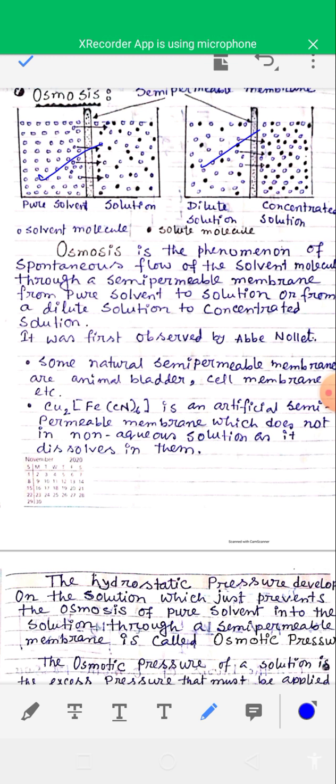Okay, and some examples of semi-permeable membranes are given here.